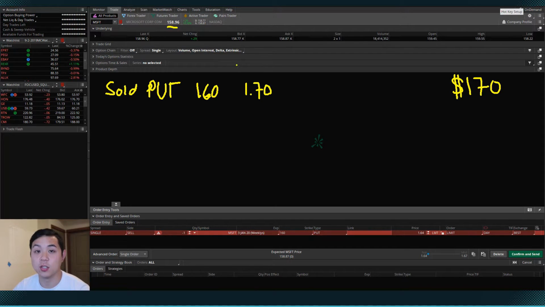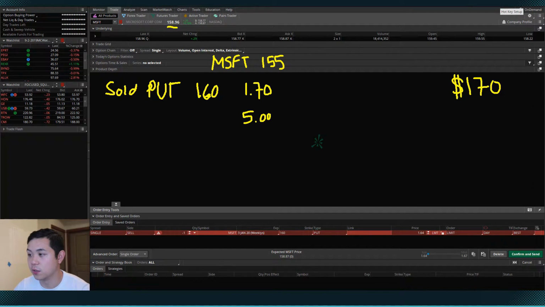Let's say it continues to go further. So Microsoft is now trading at $155. And let's say this is at expiration. Well, now that Microsoft is trading at $155, the value of the put will go up. And let's say, for instance, it goes up to $5.